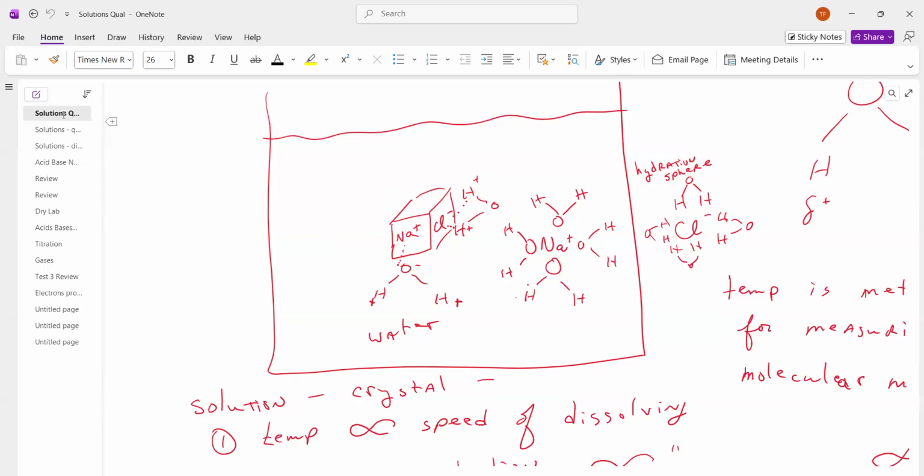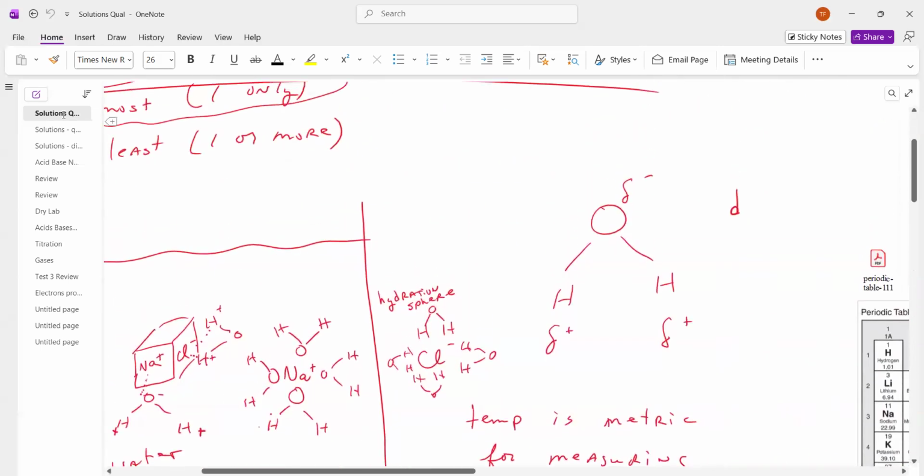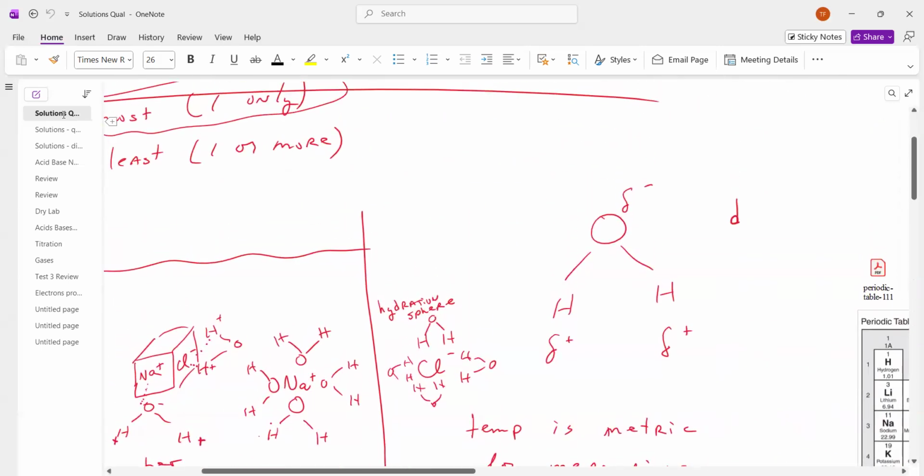Water, as you remember, is very polar. It's got two hydrogen bonds going in it. Hydrogen bonding is the strongest intermolecular force, and it's got two in it. And secondly, they're not pointed in the same direction, the dipoles, so it's even stronger.